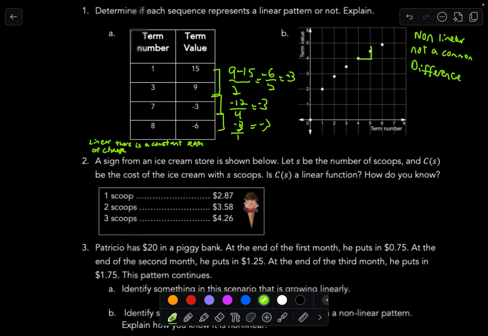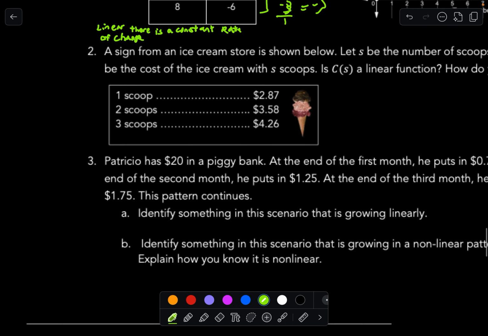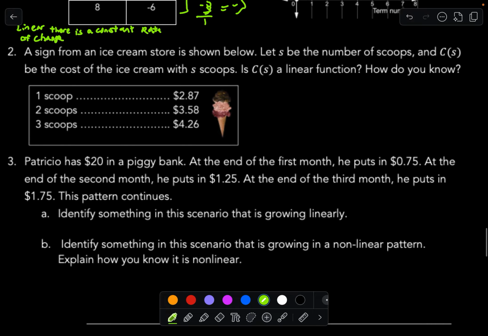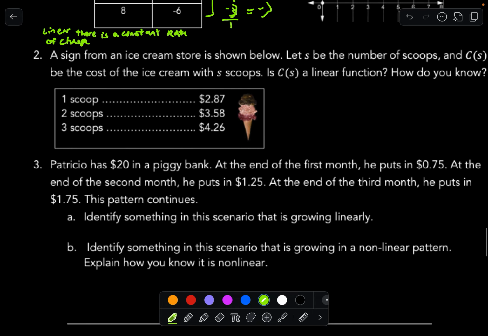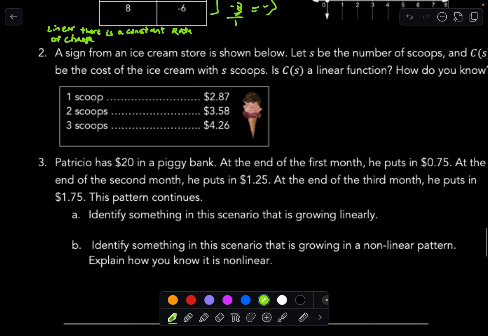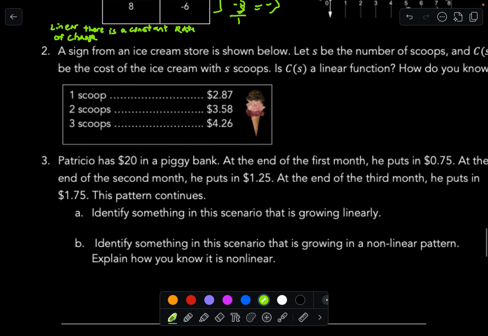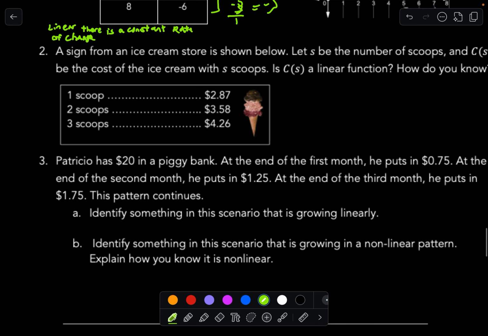All right. For number 2, it's talking about scoops of ice cream. It says, okay, let S be the number of scoops and C of S be the cost of the ice cream with S scoops. Is C of S a linear function, how do you know? All right, so what we're going to do is look at the rate of change.